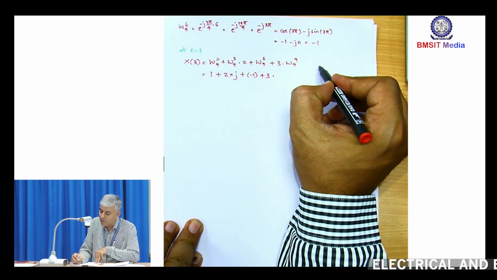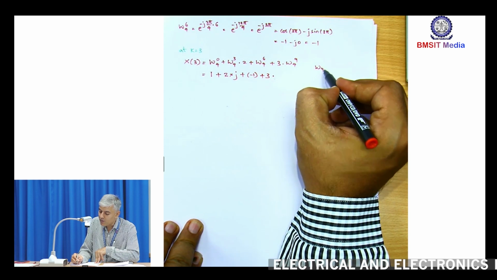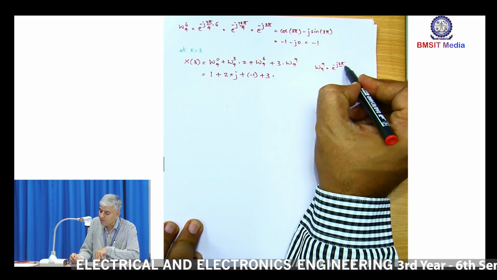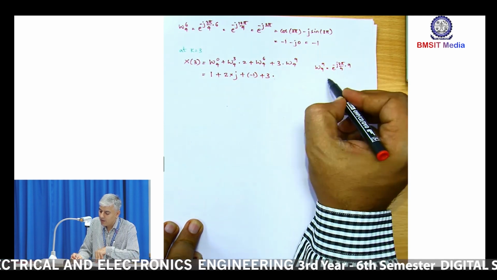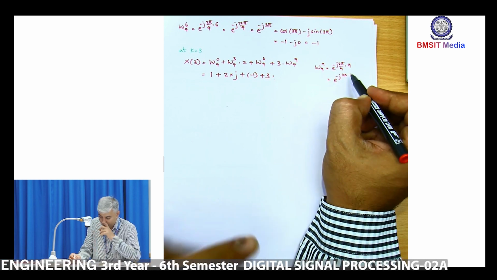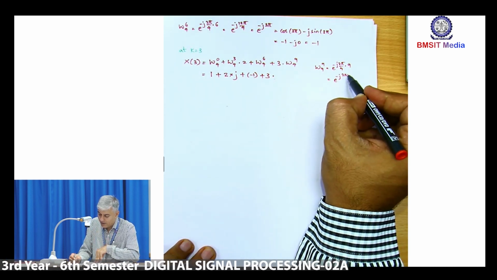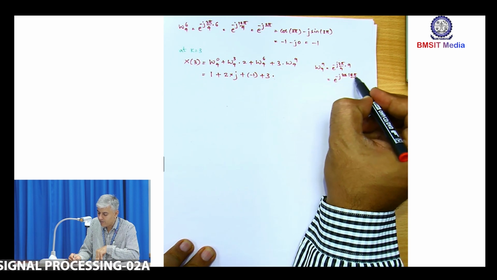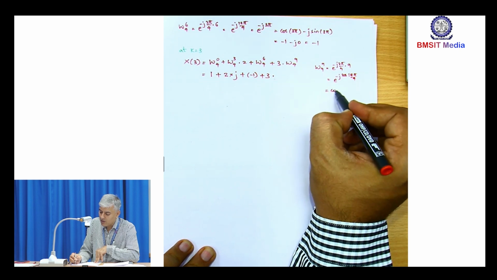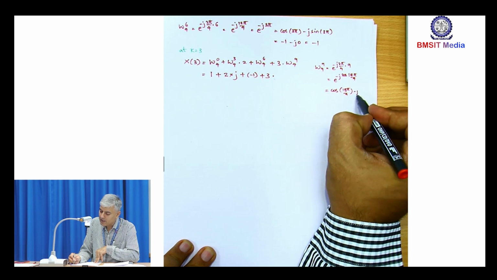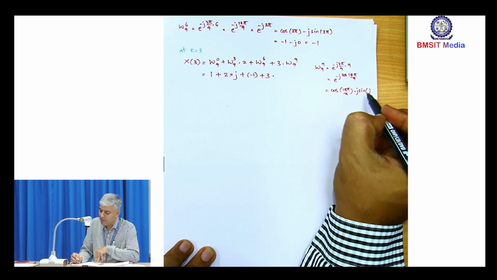How do we calculate w4 raised to 9? w4 raised to 9 is e raised to minus j 2 pi by 4 into 9. So this is e raised to minus j 18 pi by 4. So this is cos of 18 pi by 4 minus j sine 18 pi by 4.